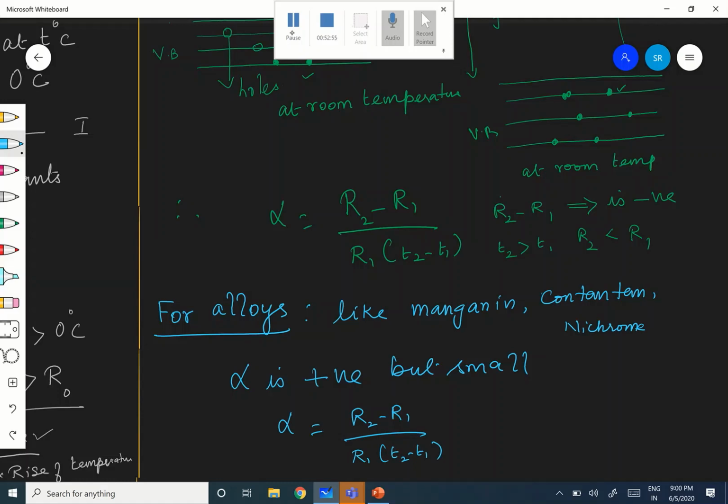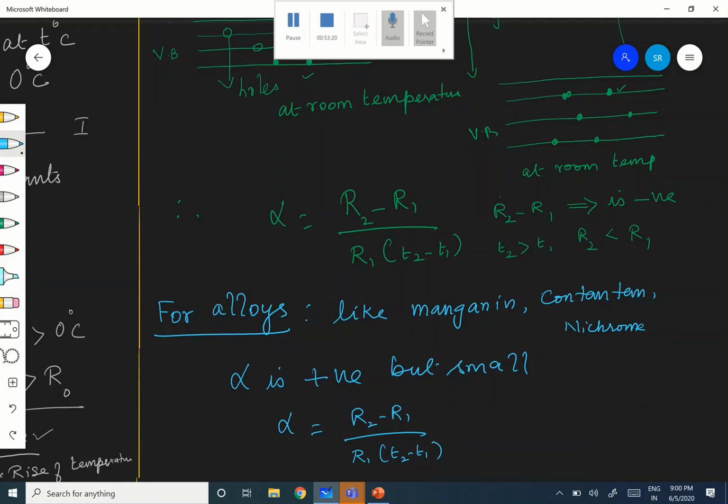Here R2 is larger than R1, but it is not that large. Therefore, they have small values of temperature coefficient of resistance, but it is positive.